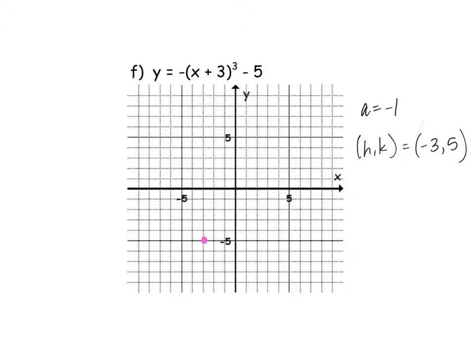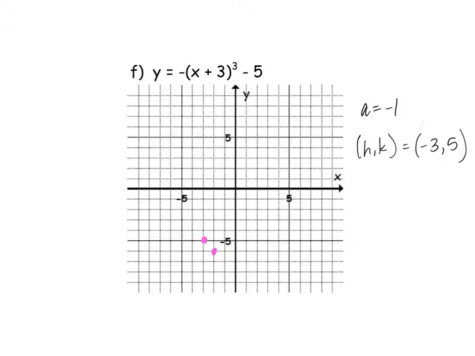Because my A tells me what to do when I go over right 1, I'm going to go down 1 because my A is -1. Now I have to build the rest of the cubic around that. So let's remember what the cubic looked like. We had 0, 0, -1, -1, +1, +1, and 2, 8. And then -2, -8. So this was our original.